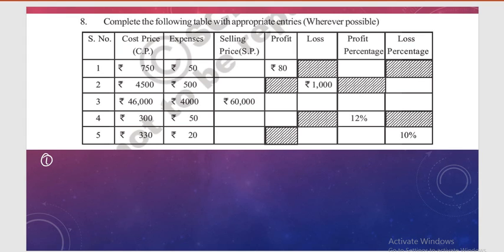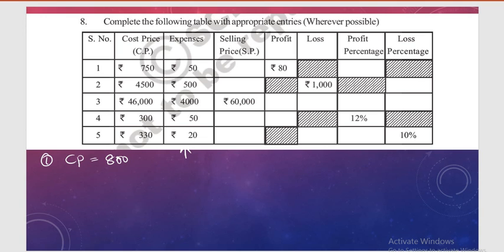For the first question, the actual cost price is 800 because these overhead expenses also get added up. So cost price becomes 800 rupees, right? Because expenses also should be added to the cost price.